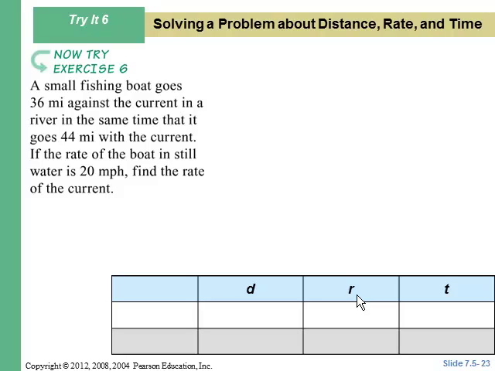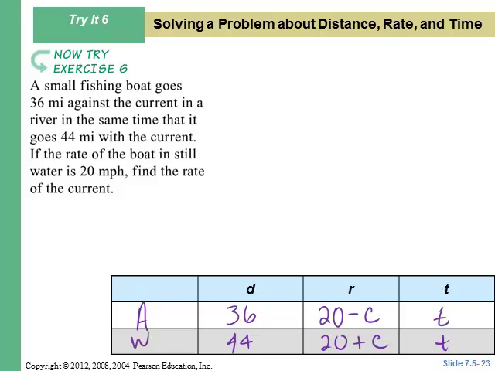Try this one. Against and with, distance is 36, distance is 44. The rate of the boat this time is 20 minus the current, 20 plus the current. Time is the same in each case.